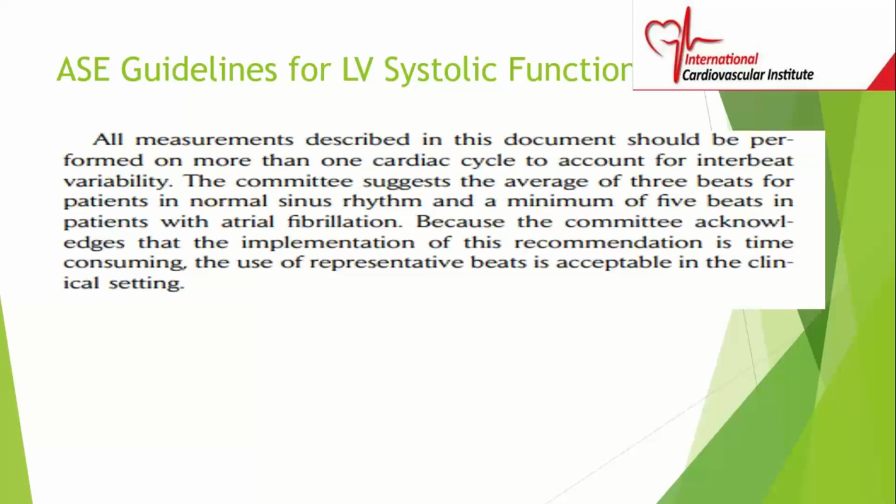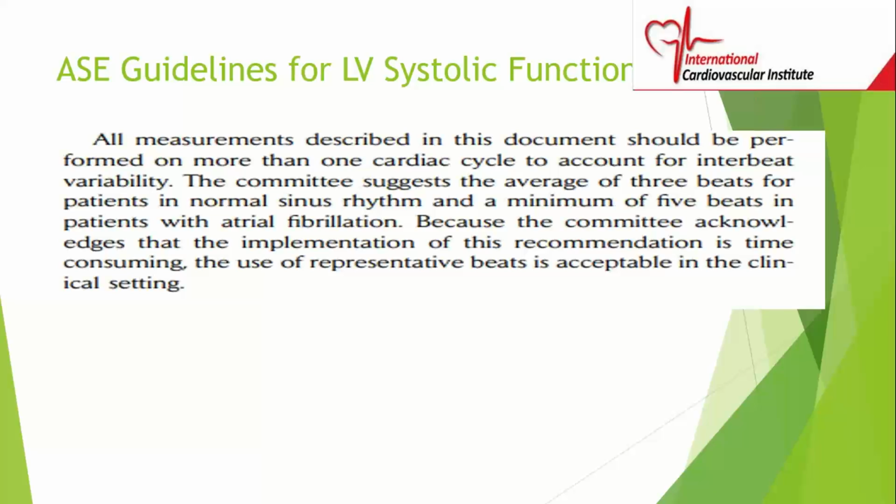Now, all measurements described in the document should be performed on more than one cardiac cycle to account for interbeat variability. The suggestion is, if the patient is in sinus rhythm, you do 3 beats. When you evaluate any structure, if it's normal, you want a minimum of 3 beats. And if the patient is in, say, atrial fibrillation, then you do 5 beats.